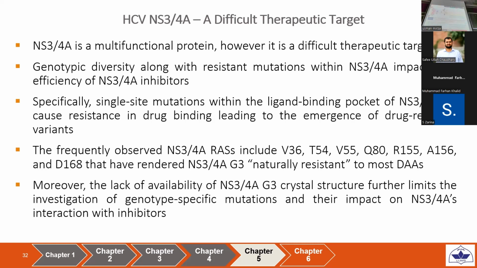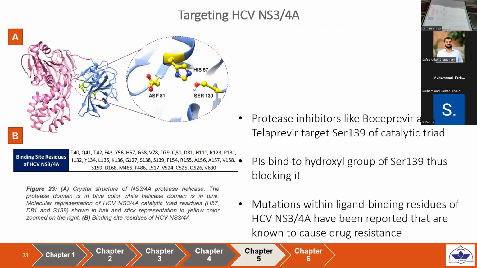So, this figure here represents the NS3/4A crystal structure. There are 3 catalytic triad residues, and there are several binding site residues. The protease inhibitors attack serine 139. As a result, they block serine 139, the catalytic site is blocked, and NS3/4A is stopped from working.